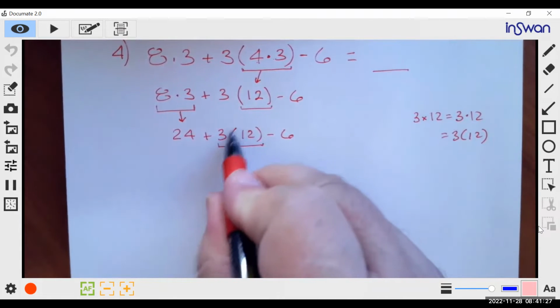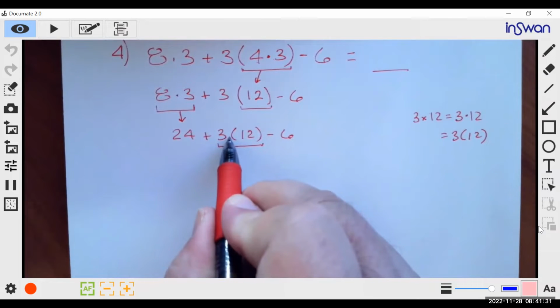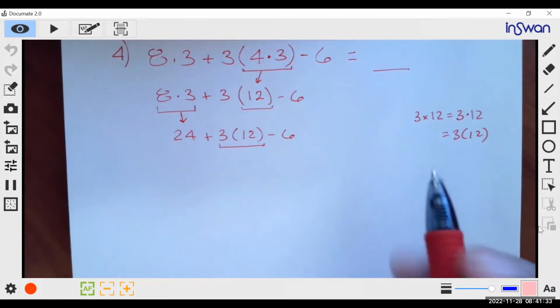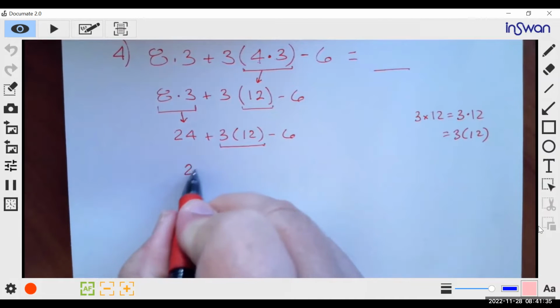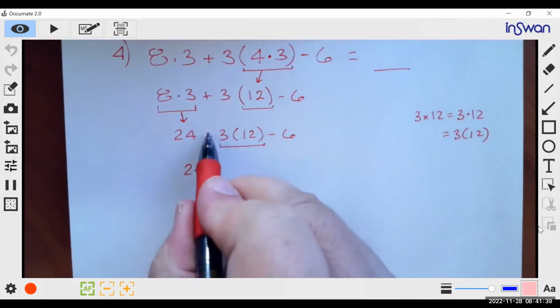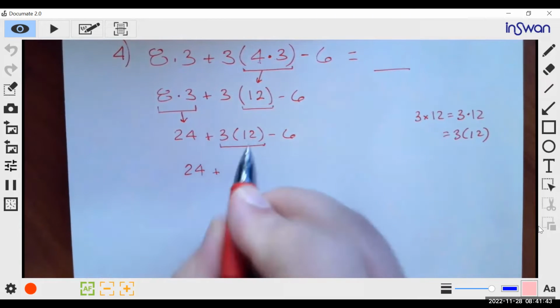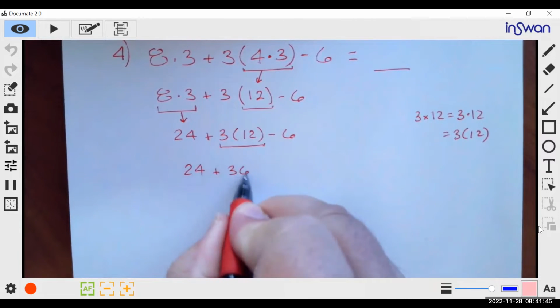If you see anything in front of a parenthesis, that's multiplication. But there's no plus, minus, or division there. Has to be multiplication. So since it's positive times positive is positive, 3 times 12 is 36.